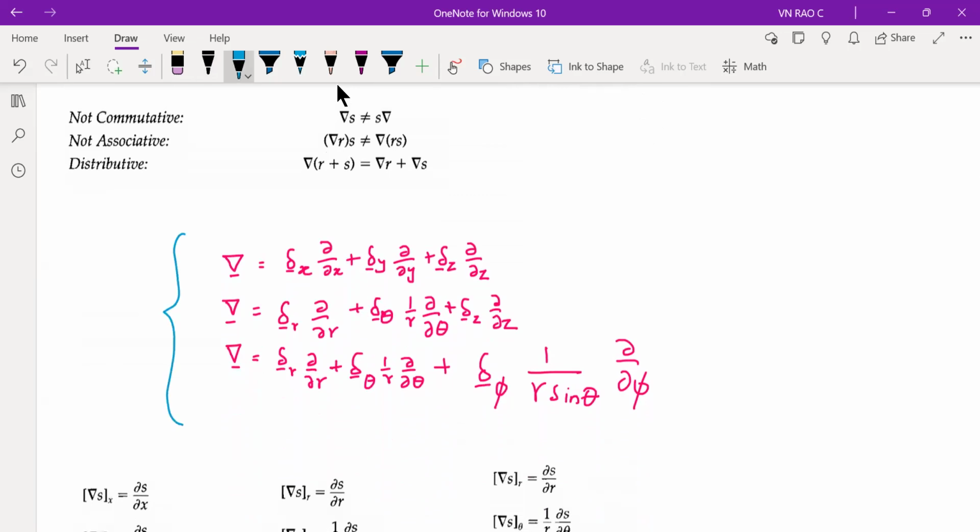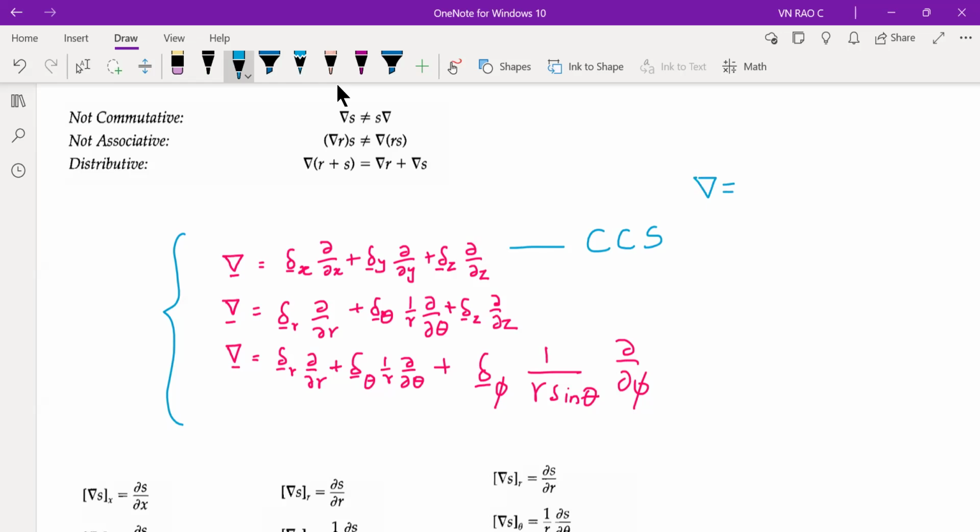By definition, del operator in Cartesian coordinate systems is written like this. Del is equal to vector, unit vector delta x dou by dou x plus dou by dou y plus dou by dou z, each followed by a unit vector. That means the directions delta x, delta y, delta z. So let me write it here.